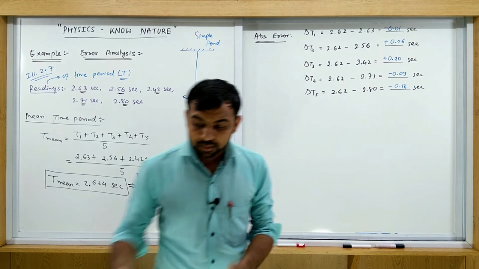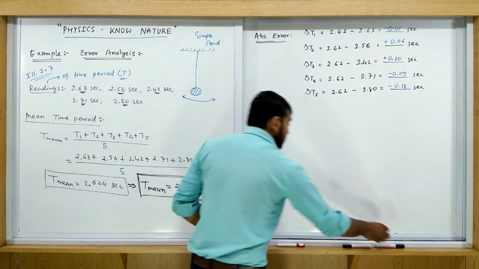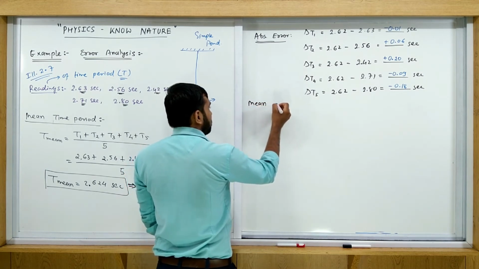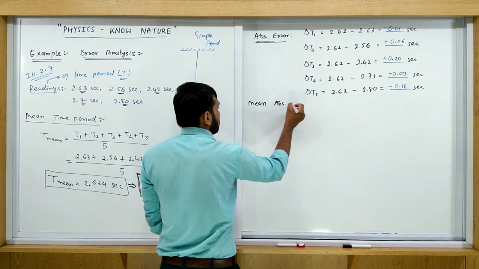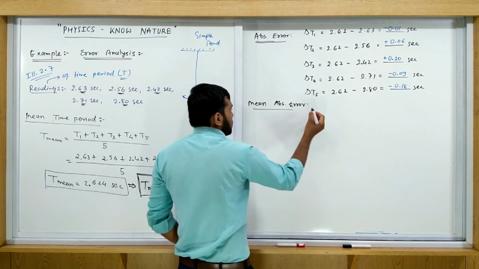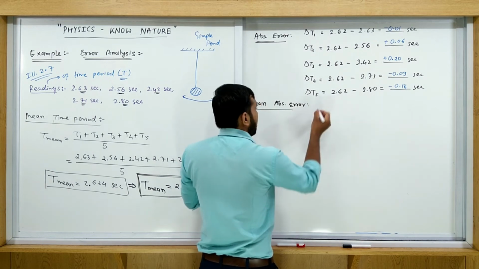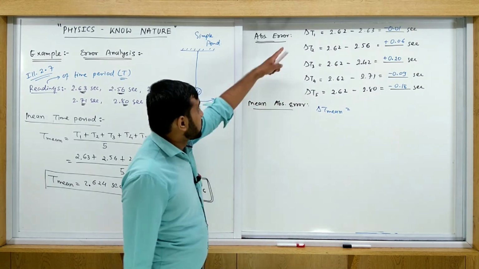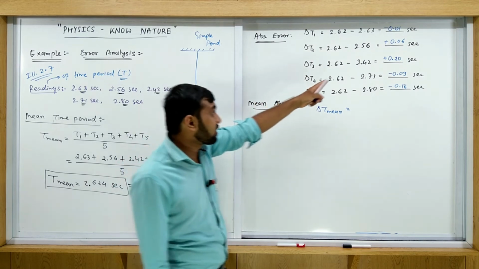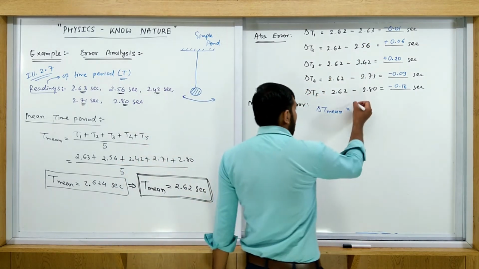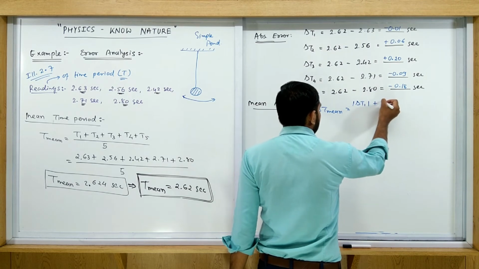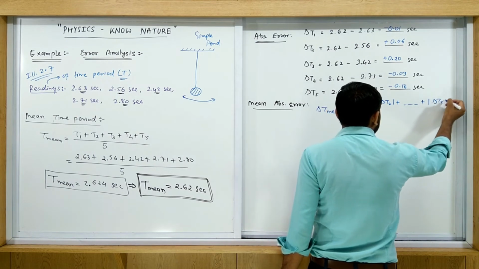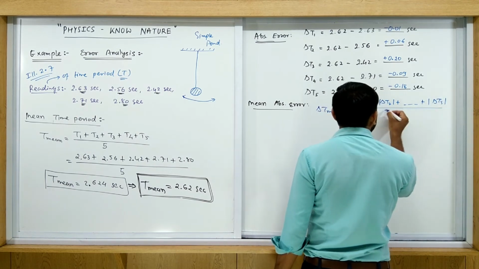Let's find the mean absolute error. Delta T mean is equal to, as we discussed in the theory session, we consider only magnitudes, not the plus or minus sign. So mod delta T1 plus mod delta T2 up to mod delta T5, upon how many readings you have? 5.